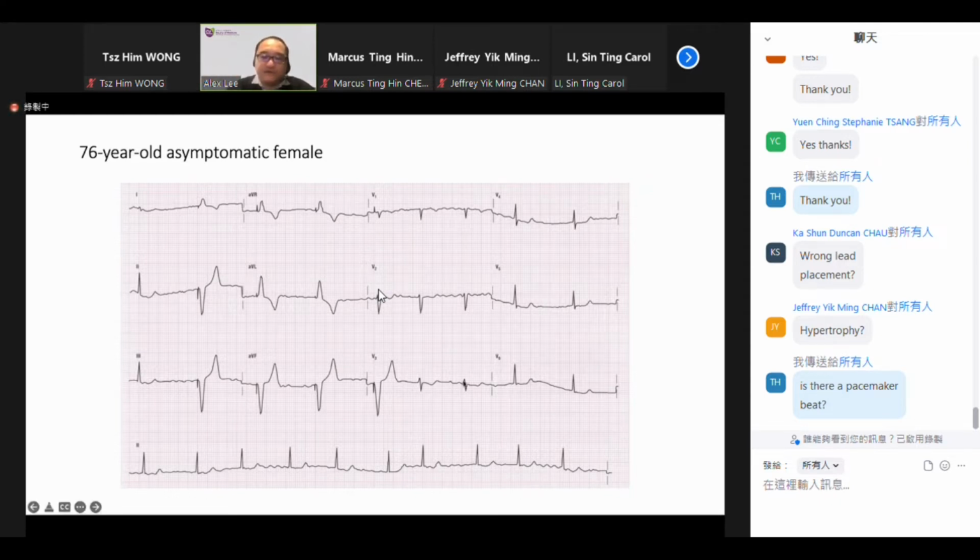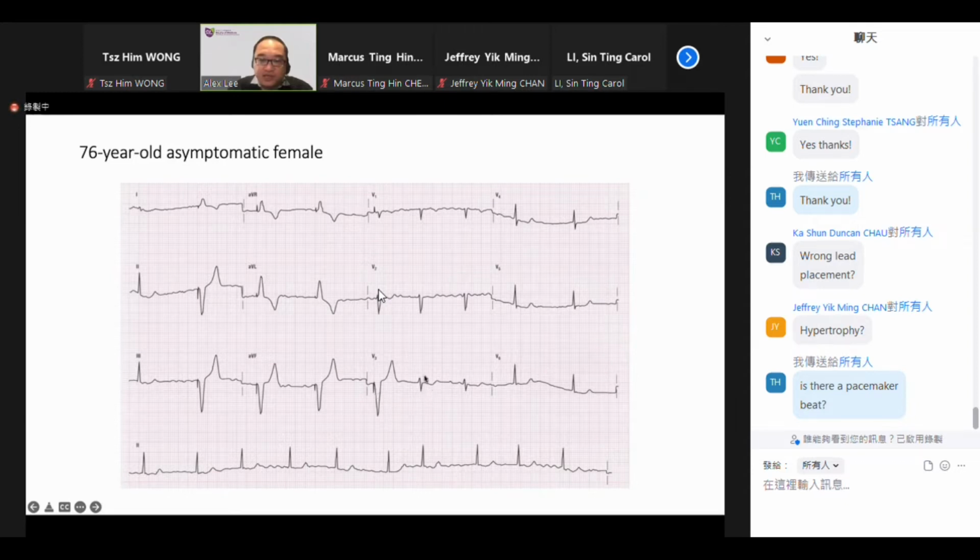So if you see a patient having a heart rate more than 60 beats per minute, but the pacemaker is not sensing normally, then you will see a pacemaker spike somewhere during the heartbeat. For example, you see the pacemaker spike here and here. So in every 60 beat per minute interval, the pacemaker will pace.